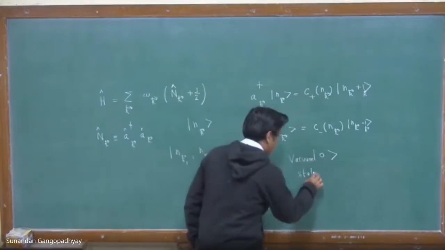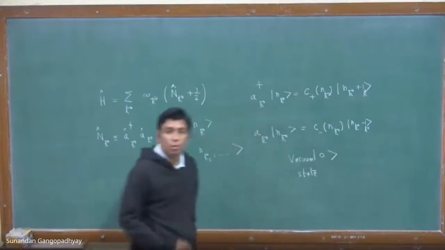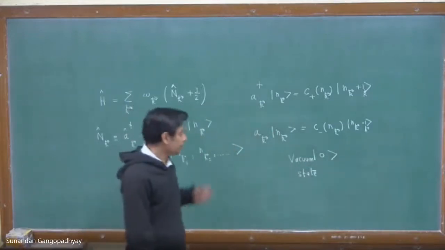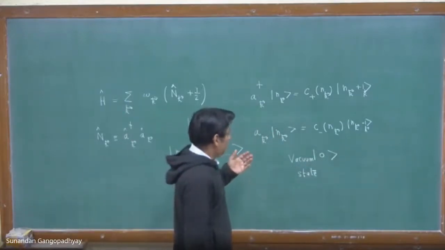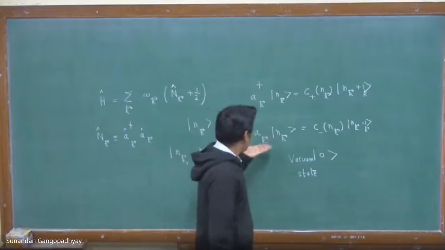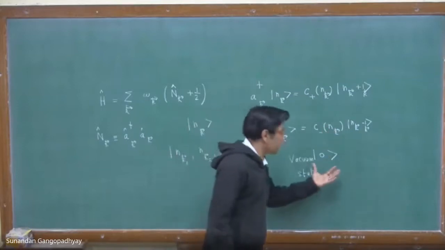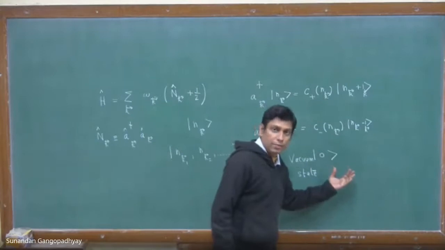So this is a state with no particles. You keep on acting with the annihilation operator. A situation comes when there are no particles in this state, and this is a vacuum state.